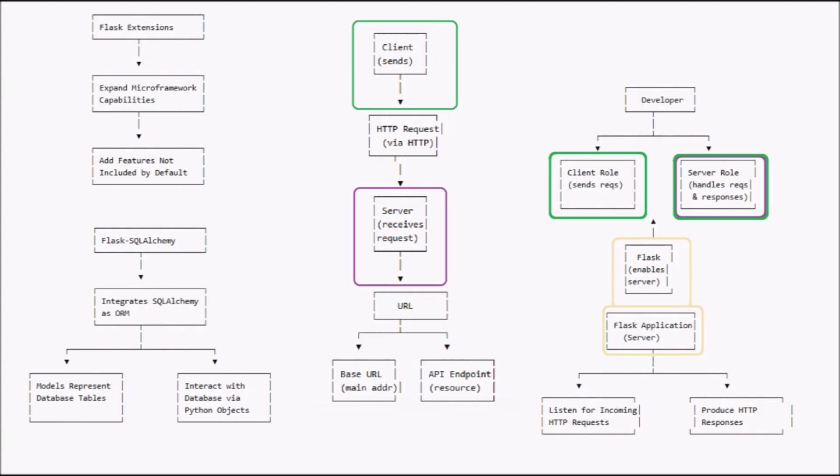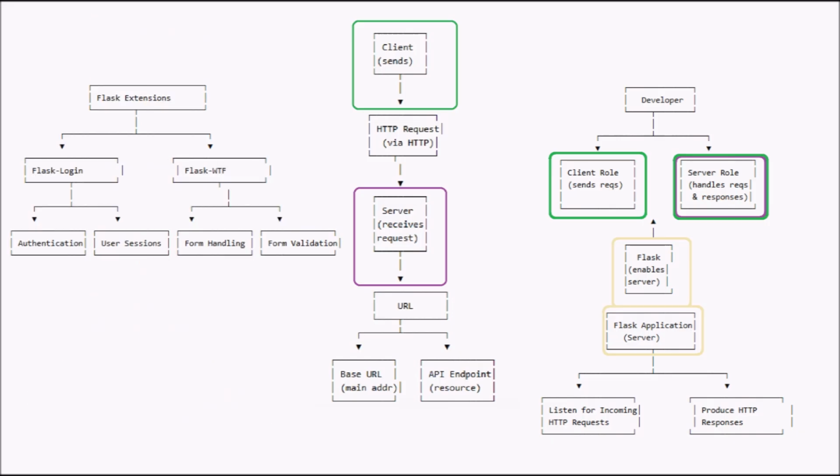For example, Flask-SQLAlchemy integrates SQLAlchemy as an ORM, allowing models to represent database tables and enabling interaction with a database through Python objects. Flask-Login manages authentication and user sessions, and Flask-WTF simplifies form handling and validation.